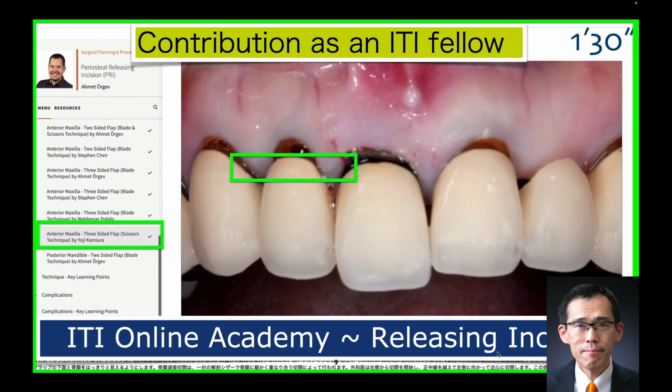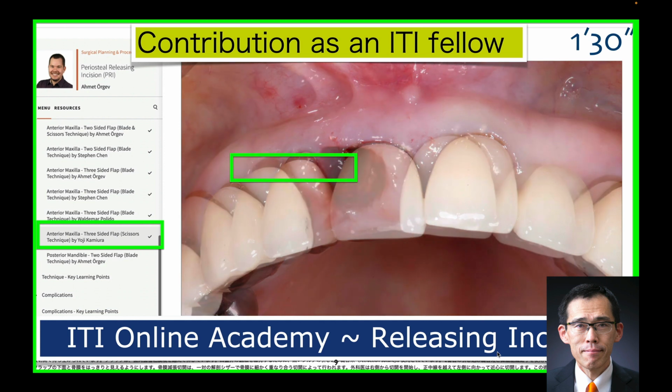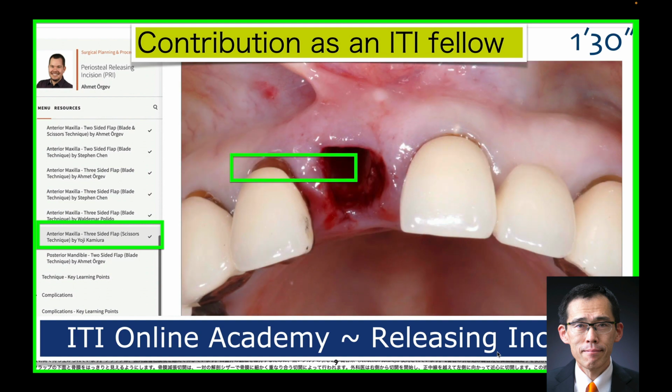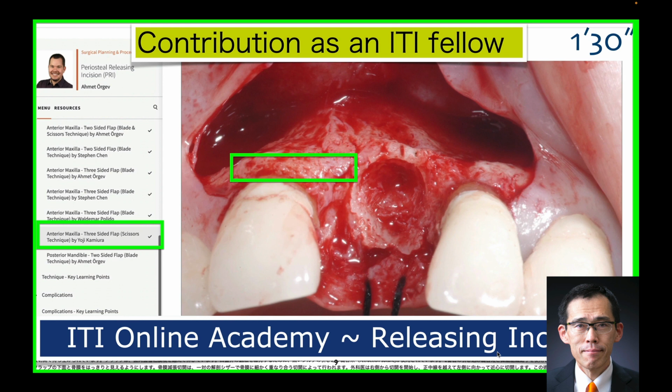In this case, the patient requires a periosteal releasing incision in the anterior maxillary region to achieve tension-free wound closure following grafting and simultaneous implant placement procedures. This case demonstrates the scissors technique for releasing the periosteum. A full-thickness mucoperiosteal flap has been raised with vertical releasing incisions adjacent to the right central incisor and left lateral incisor.